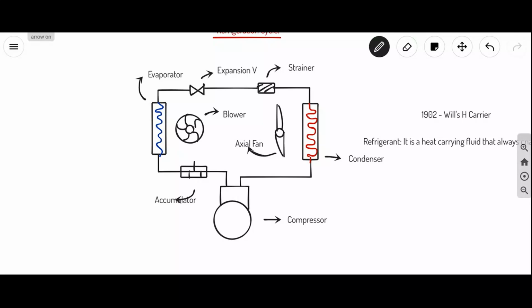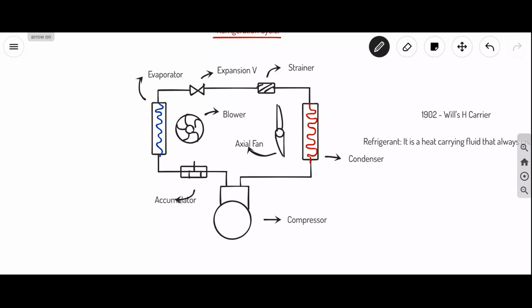Primary components are more essential components to complete the cycle.